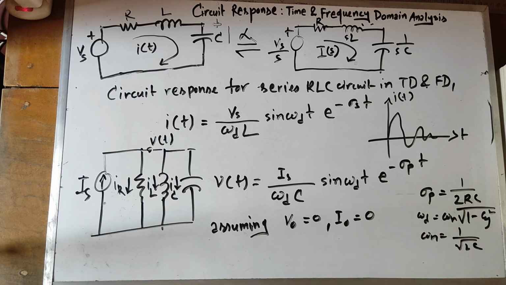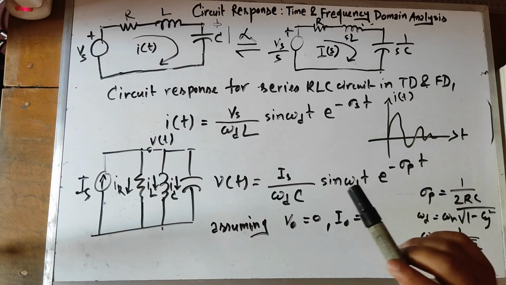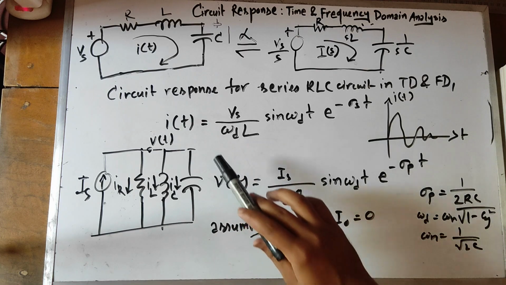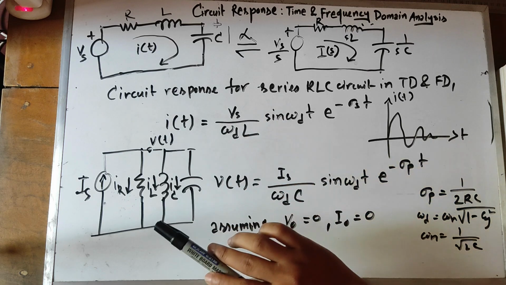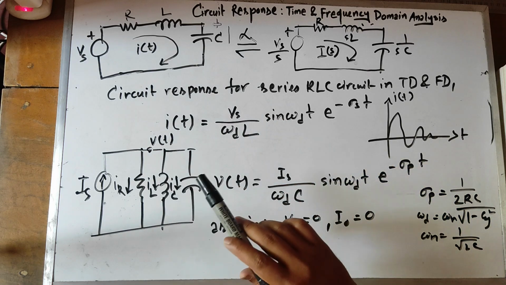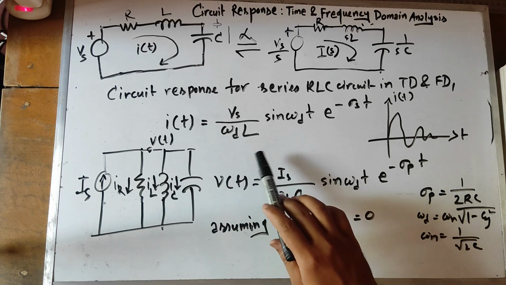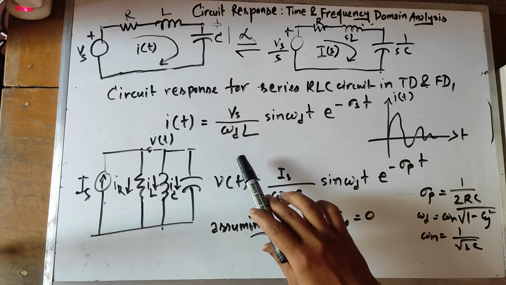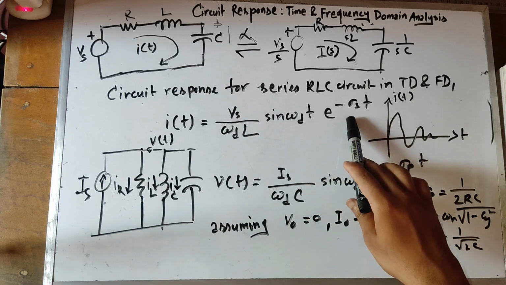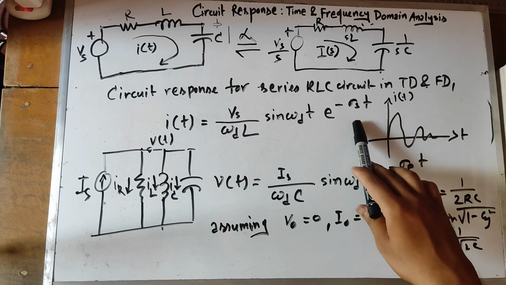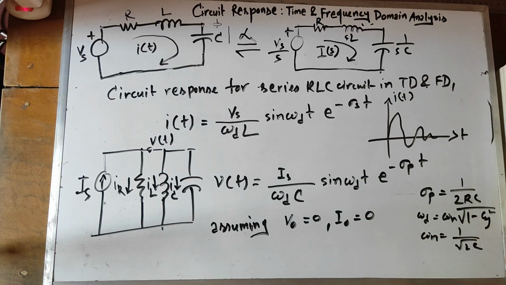Overall, the circuit response for the series RLC circuit is Vs by omega dl. Vs is the DC value of the input, and omega d is the damped natural frequency, sine omega dt e to the power minus sigma st. Sigma s is the damping factor for the series RLC circuit.